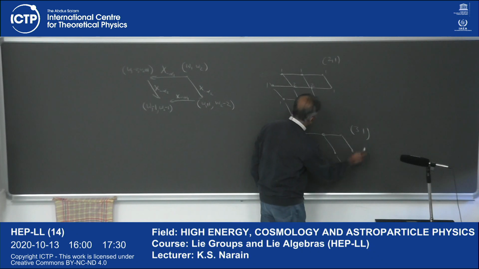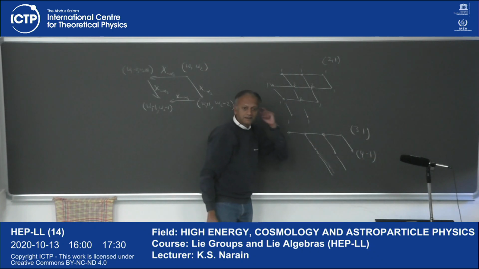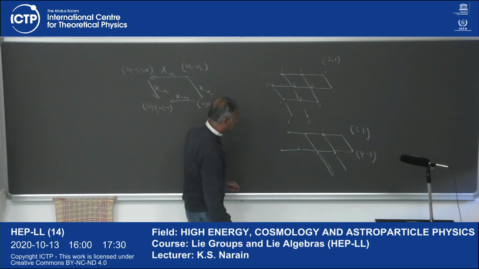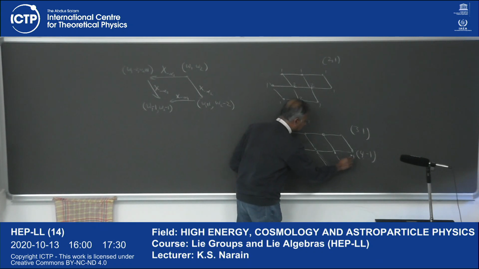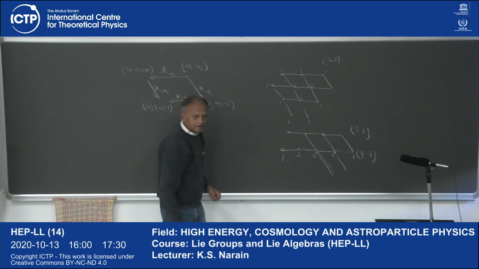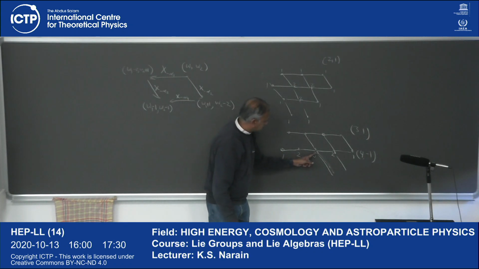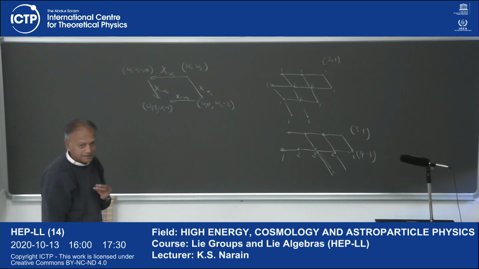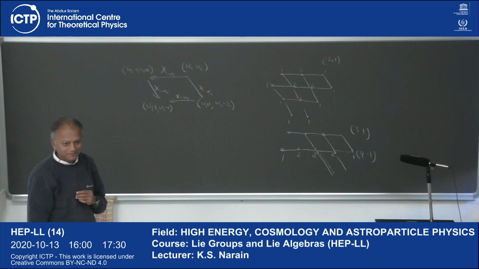So here it is 3,1, so this will become 4 minus 1, right? 4 means spin 2, so there will be 4 steps here. Now you will see that here the multiplicity is 1, here there is 2, and I think it is 3 here, then 2, 1. So the number keeps increasing. I wanted to check that, but I think it's correct. So that is a difficult exercise to keep track of.